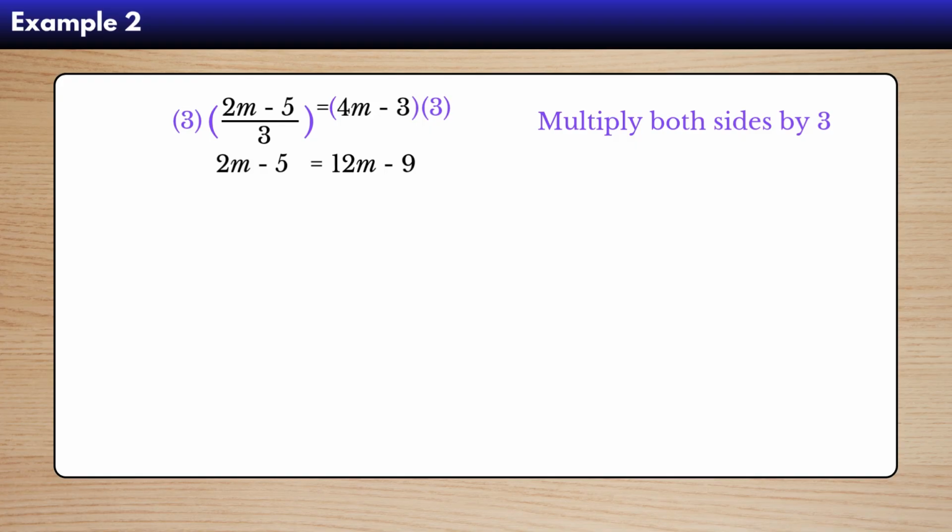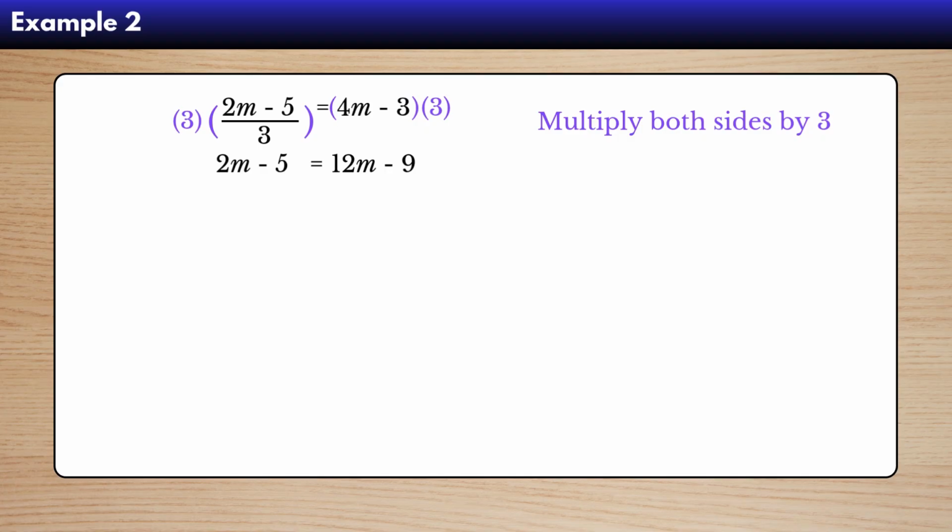Multiplying the left expression by 3 causes the 3's to multiply out, leaving 2m minus 5. On the right side, we need to distribute the 3 across the expression 4m minus 3, giving us 12m from 3 times 4m, and negative 9 from 3 times negative 3. Next, we will make it so that we only have a variable term on one side of our equation.